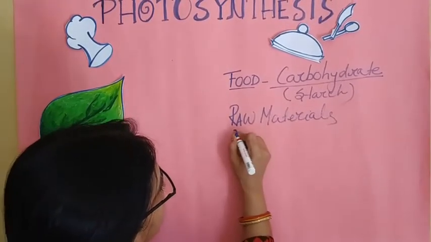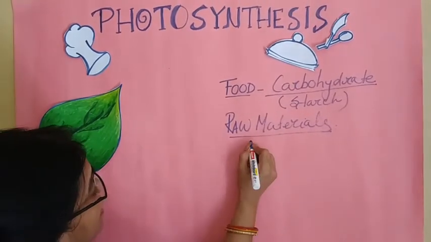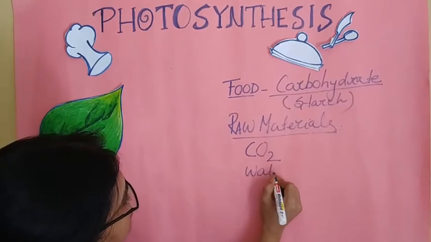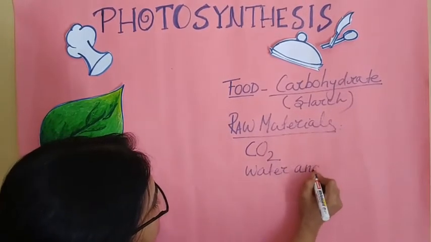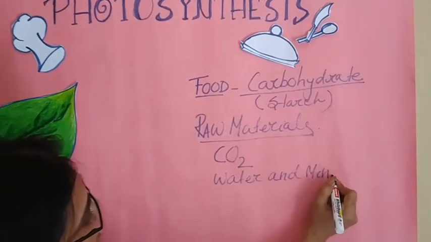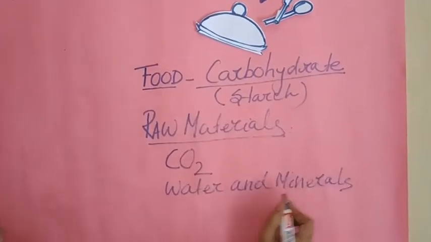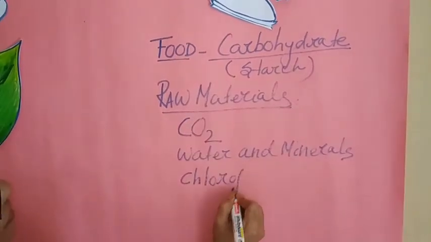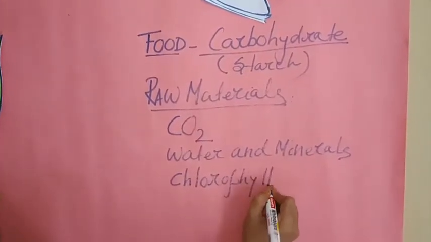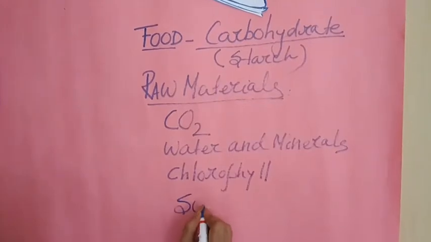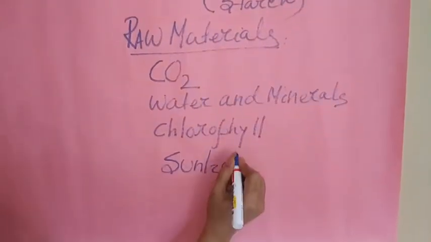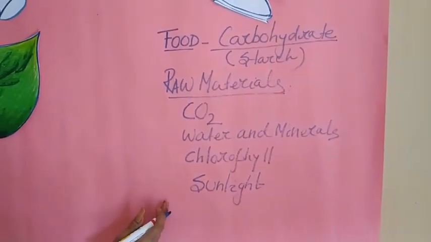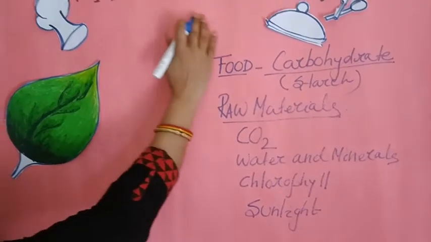Now the raw materials for photosynthesis are carbon dioxide, water and minerals, the green pigment chlorophyll, and sunlight. These are the raw materials through which the plant will prepare the food through the process of photosynthesis.